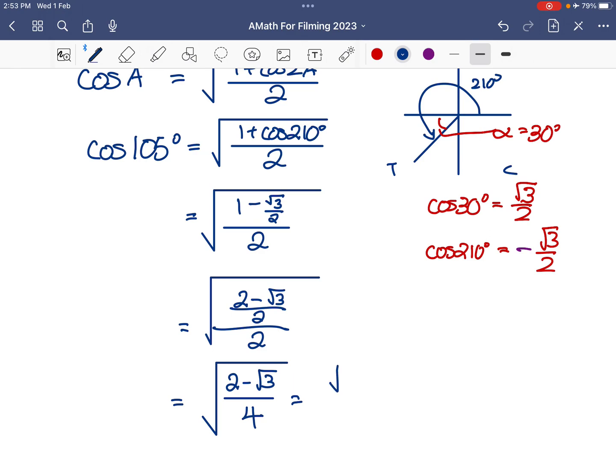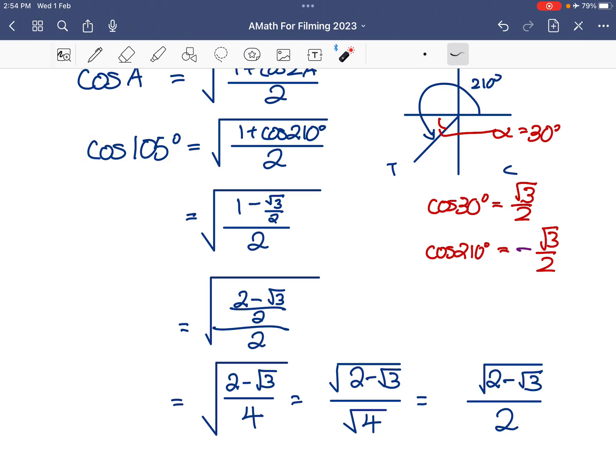I split up the square root symbol, so I get the square root of 2 minus root 3 over the square root of 4. And then what I will get is the square root of 2 minus square root 3, divided by 2.